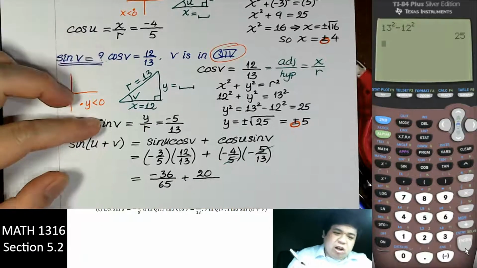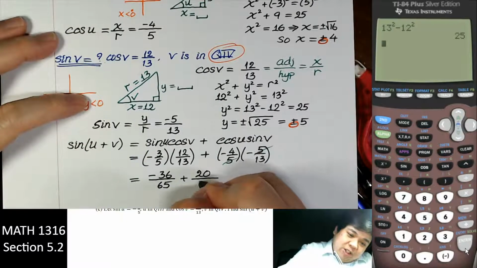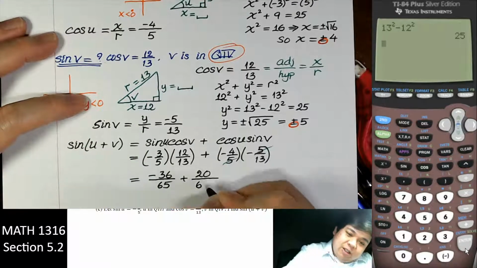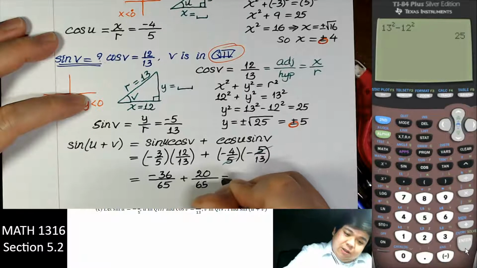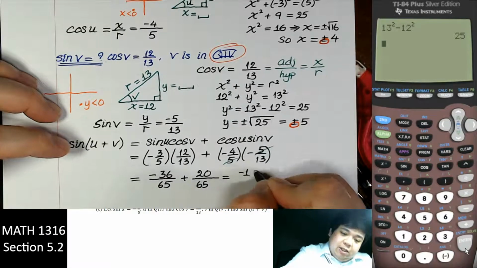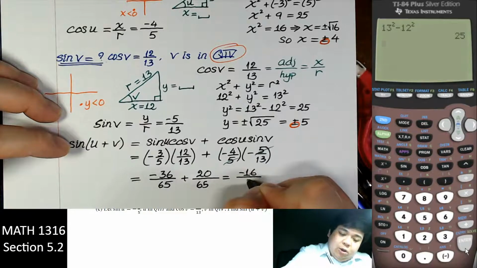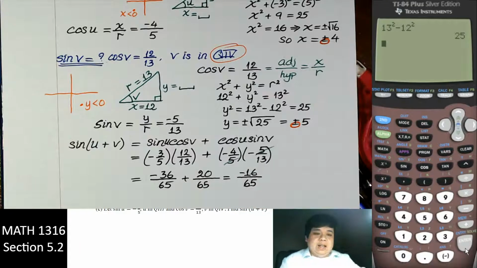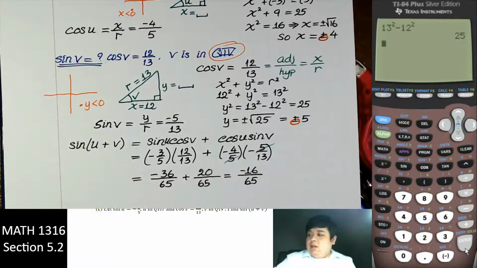Oh no, just multiply across, doesn't matter. 20 over 65. So that's negative 16 over 65. Even though we can cancel, I'm just going to keep it like that so we can do the common denominator easier.